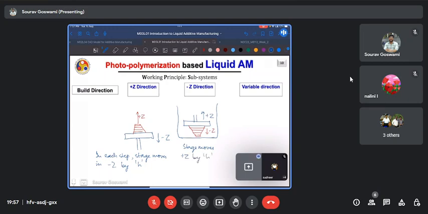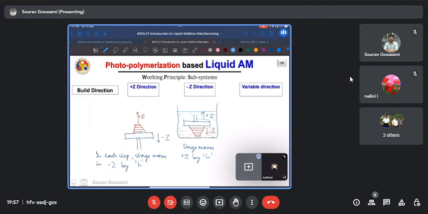What advantage will a negative z direction build offer over a part built in the positive z direction? Especially in the case of liquid based AM processes, say this vat is full of liquid.